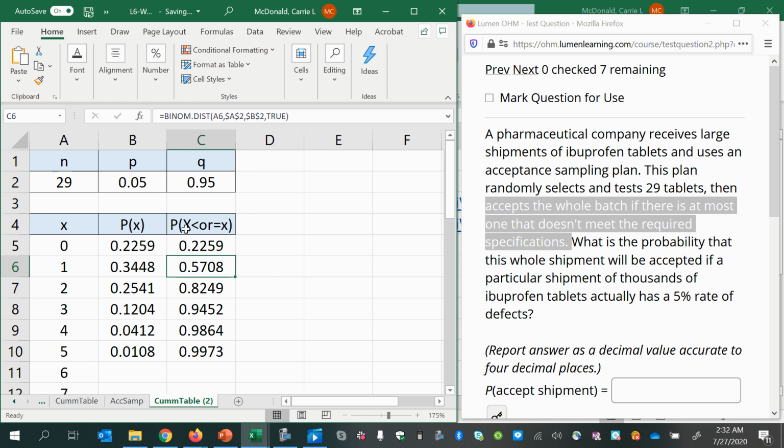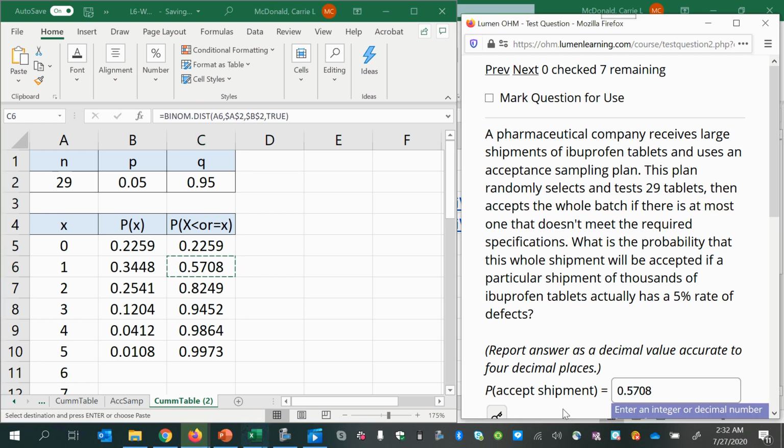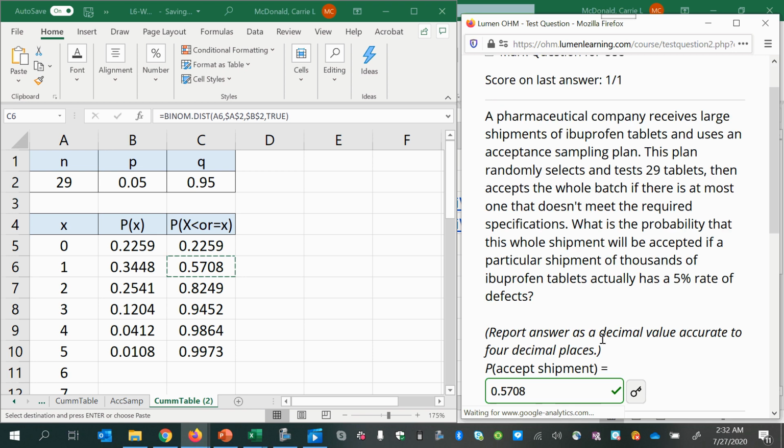So x being less than or equal to 1 is 1 or fewer, so it's right there. So that's the one we want. We're going to Control C, copy that, Control V, paste it, and we're done.